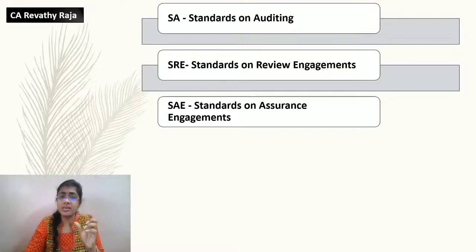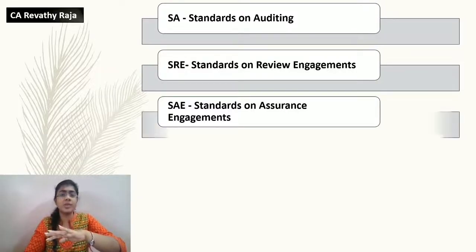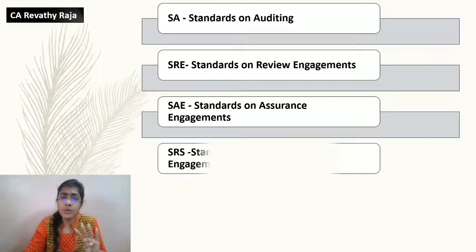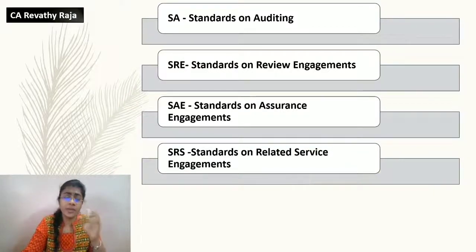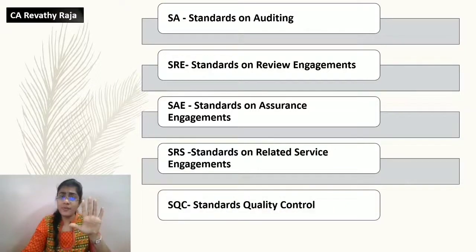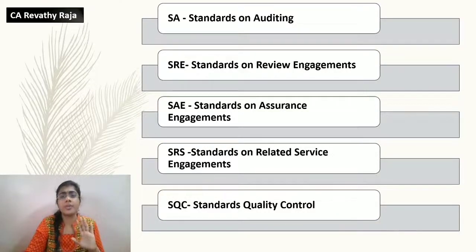SAE, Standards on Assurance Engagements. Fourth one is SRS, Standards on Related Services. RS stands for Related Services. That is SRS. Finally, you have the fifth one, SQC, QC, Standards on Quality Control.